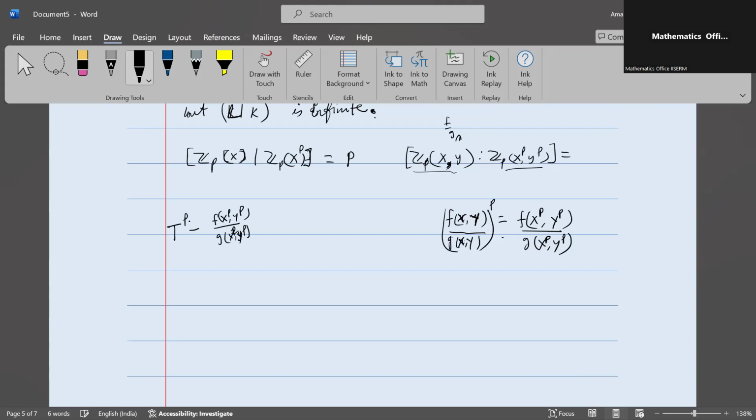So now this is a degree p polynomial. T is the variable and this is a constant. This lies in this field, right? So all the elements here satisfy a degree p polynomial. This is the minimal polynomial for f by g in Zp(X, Y).